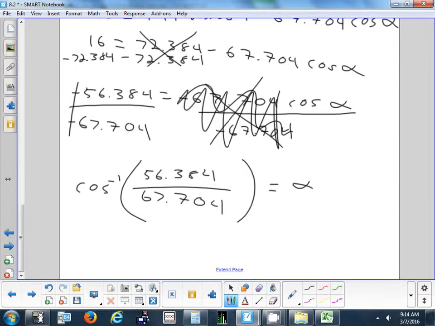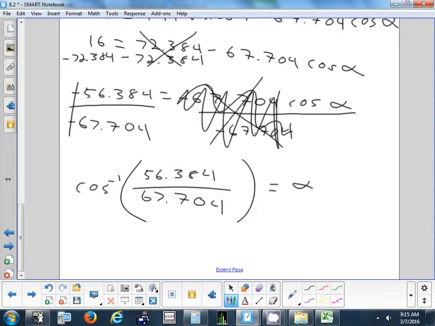One, it's side angle side. It should always have an answer. But if I got to this point, I could tell if there was going to be no solution, which shouldn't happen on this type of problem. What's the highest that cosine goes if you graph it? 1. And what's the lowest? -1.